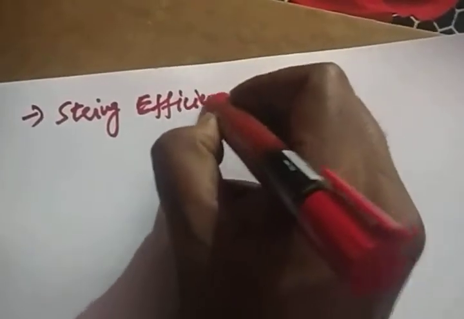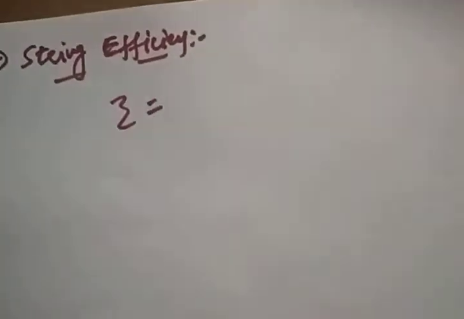So what is the formula for string efficiency? Why do we require string efficiency? It is a phenomenon used to maintain uniform voltage at each and every disk of a string of insulators. It can be denoted by epsilon.